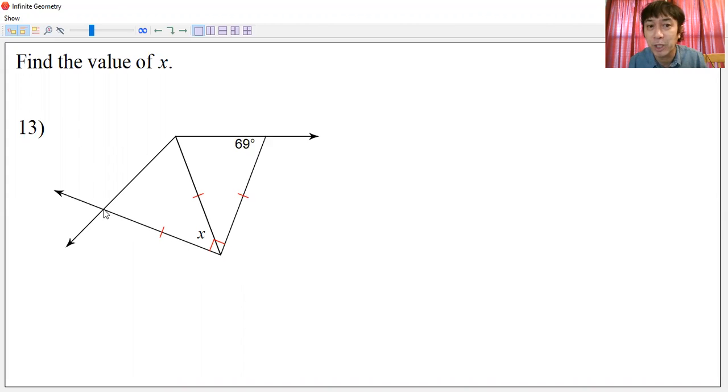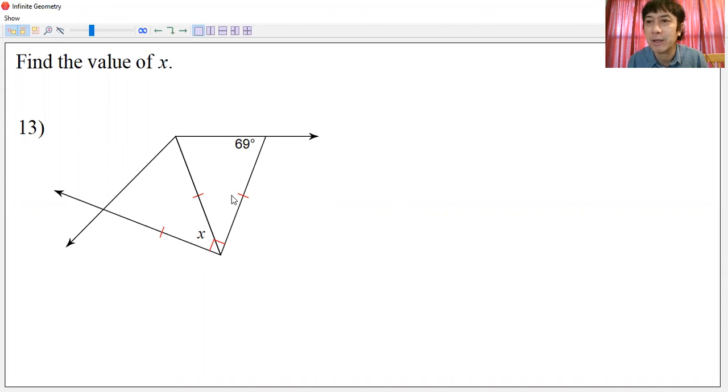You're going to begin with the 69 degrees, okay? And try to figure out what part of this diagram can be equal to that 69. You can see this side here and this side here of this triangle. That means there's an isosceles triangle here.